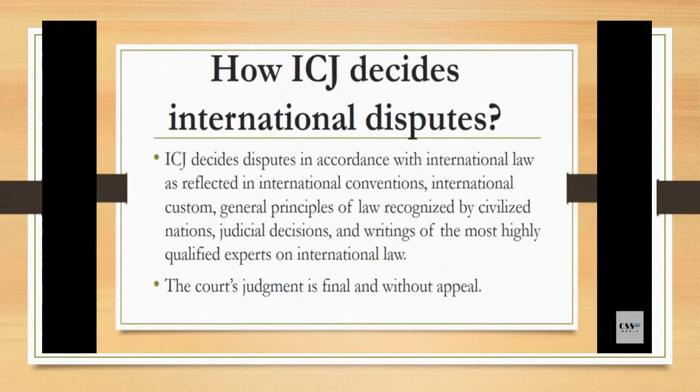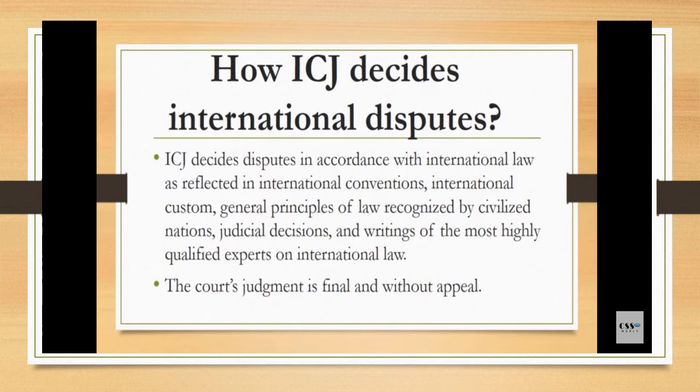How does the International Court of Justice decide international disputes? If there is any kind of international dispute, then how does the court basically decide? The International Court of Justice decides disputes in accordance with international law, as reflected in international conventions, international customs, general principles of law recognized by civilized nations, judicial decisions, and writings of the most highly qualified experts on international law.